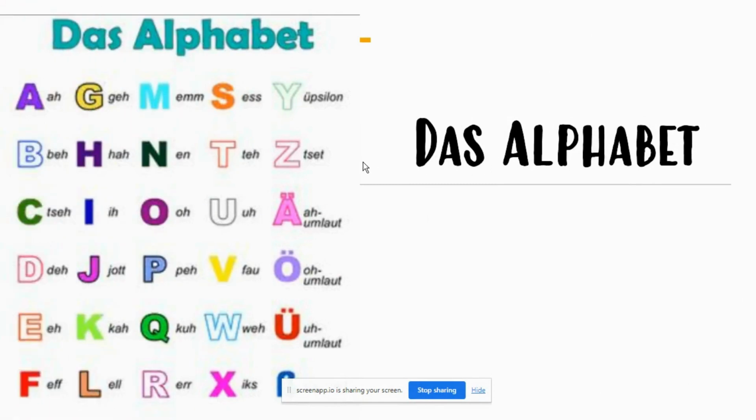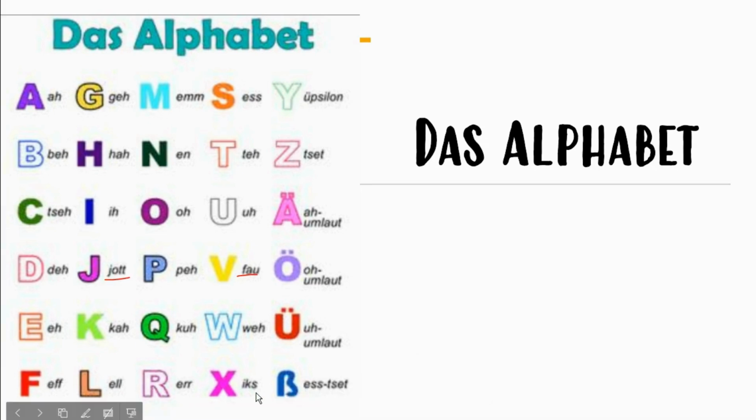Now these are the alphabets in German. So A is pronounced as A, B, C, D, E, F, G, H, I, J, K, L, M, N, O, P, Q, R, S, T, U, V, W, X, Y, Z, Ä, Ö, Ü, and this is the Eszett.